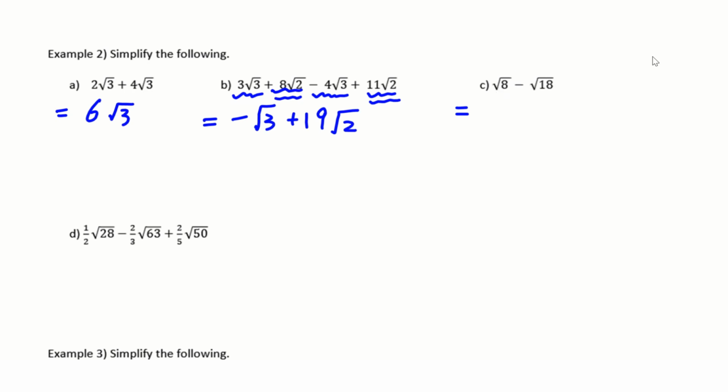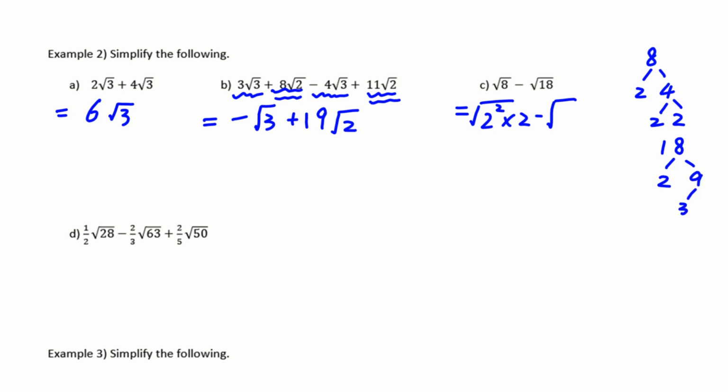So square root 8, 8 divided by 2 gives you 4. 4 divided by 2 gives you 2 times 2, so you have 2 squared, so square root 2 squared times 2. Then minus square root 18 could be divided by 2, then 9. 9 could be divided by 3, so you have 3 squared times 2.